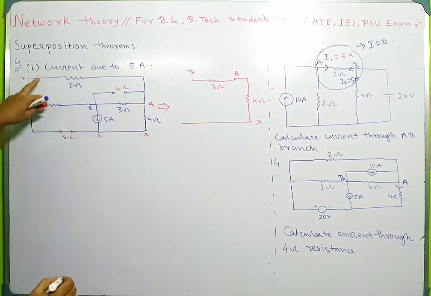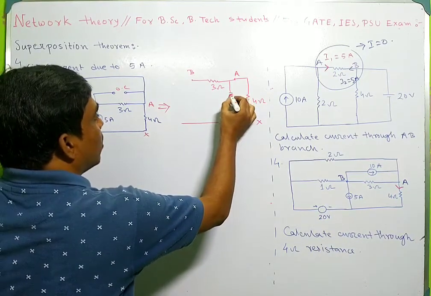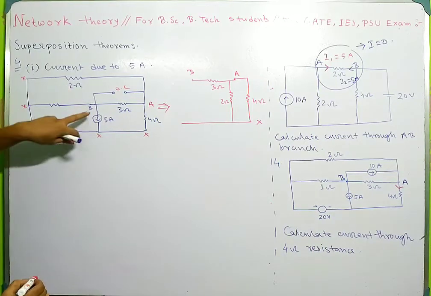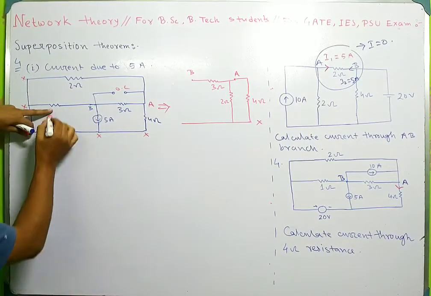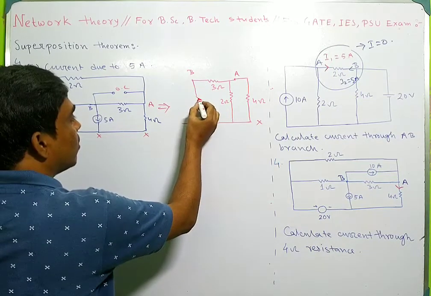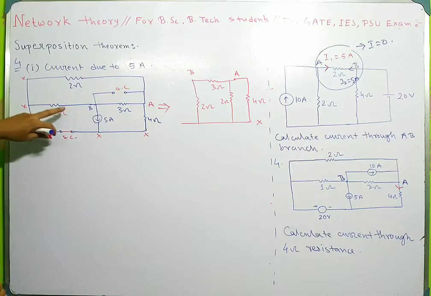From A to X, there is a 2 ohm resistance. Now B to X, there is a 2 ohm resistance.